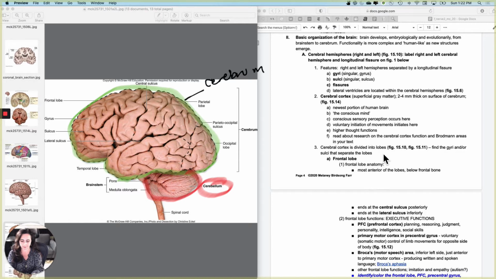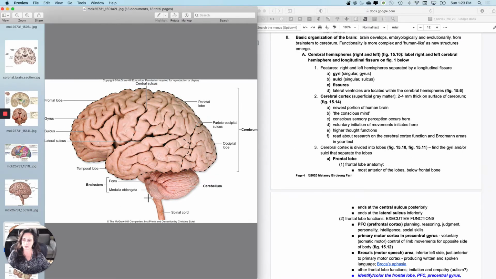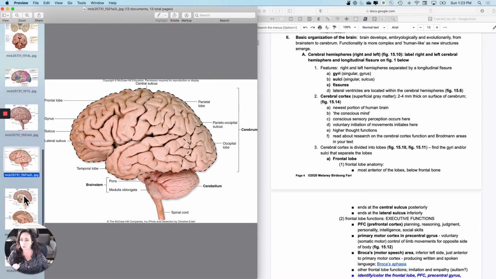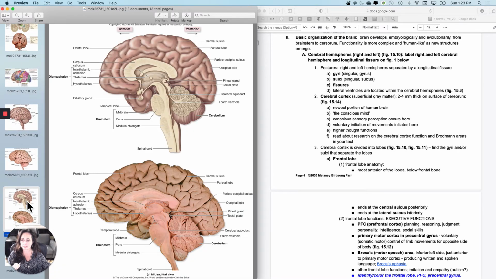And then if we go to a mid-sagittal section, you can see the other portions of the brain best on a mid-sagittal section. So let's look at those.